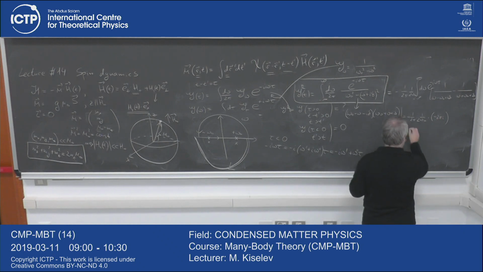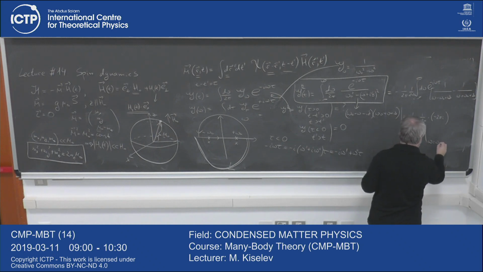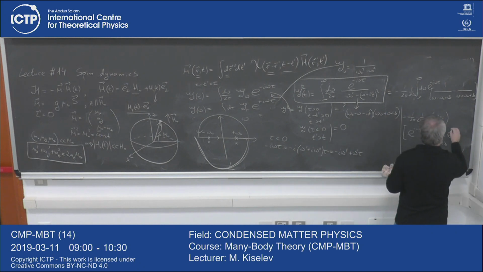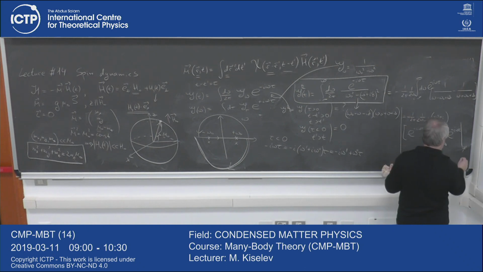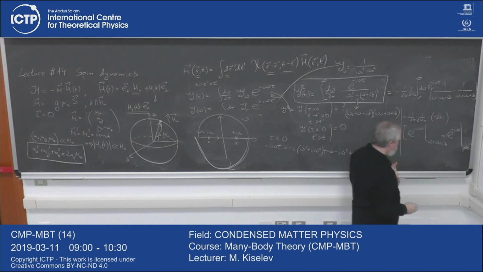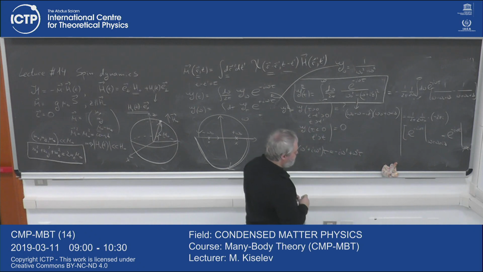So I have e to the power minus i omega tau at the residue omega equal to omega naught plus i delta, minus e to the power minus i omega tau at the point omega equal to minus omega naught minus i delta.